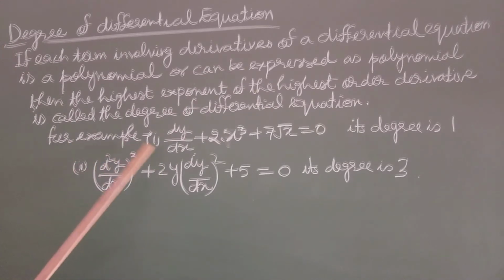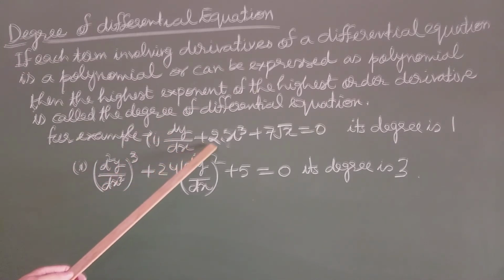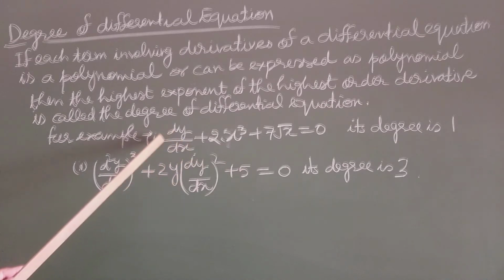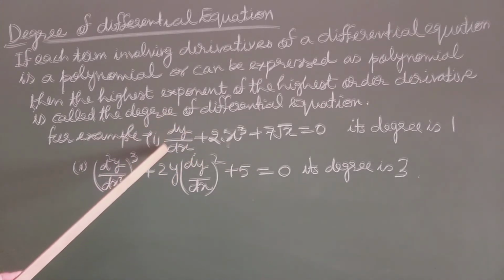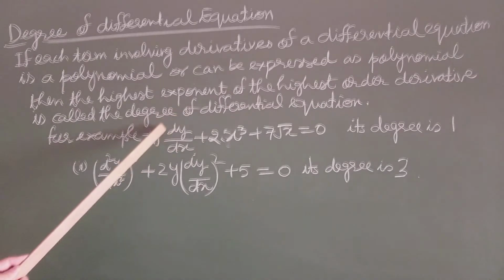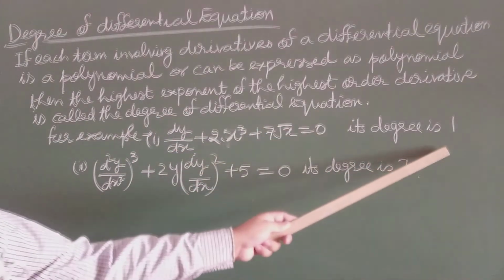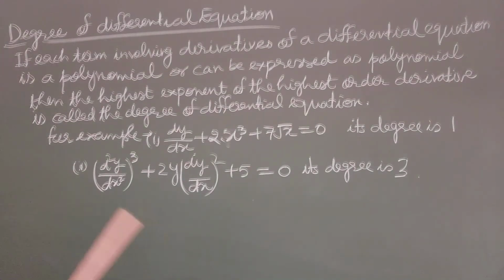For example, dy upon dx plus 2x cube plus 7 root x equals to 0. So each term is a polynomial. So its order is 1. So the power of the exponent of dy by dx here is 1. That's why its degree is also 1. In the second example, d square y upon dx square whole cube plus 2y dy upon dx whole square plus 5 equals to 0.